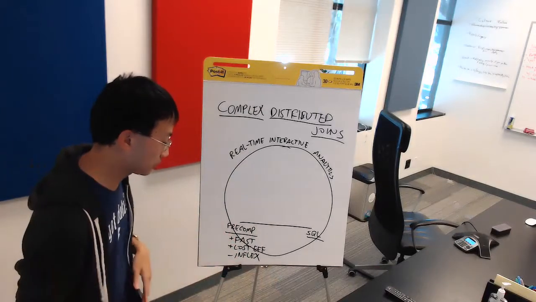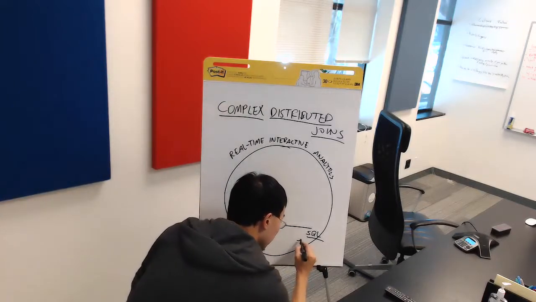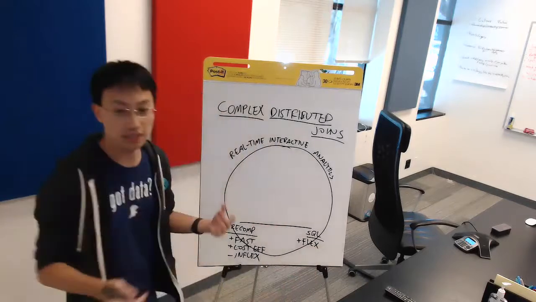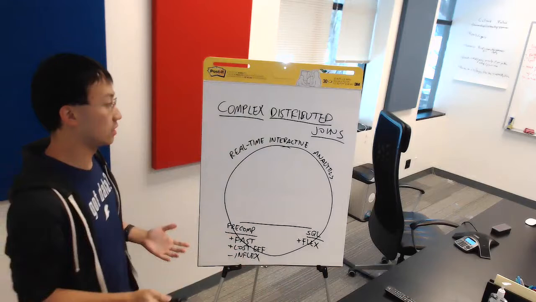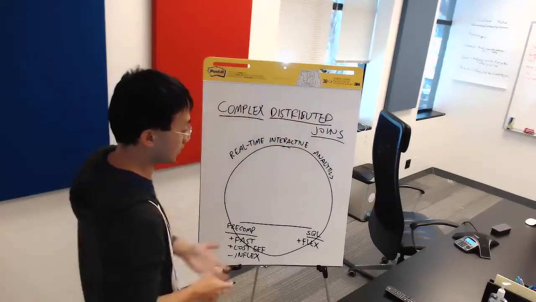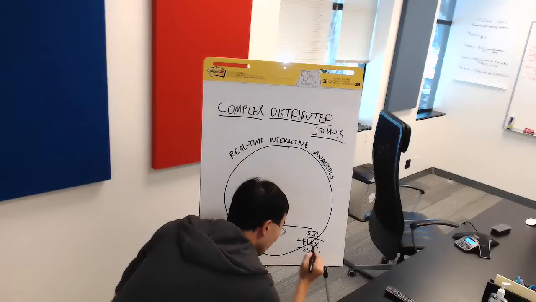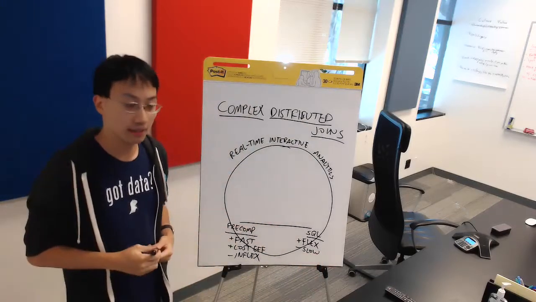Great. So that's pre-computation. SQL is almost the opposite. The main benefit of SQL is it's super flexible. It's a query language that lets you express all sorts of different things. But the downside is, in order to do complex distributed joins at scale, you either are going to have a really slow database. So you can think of our Redshift offering.